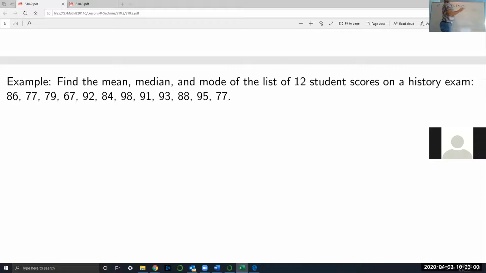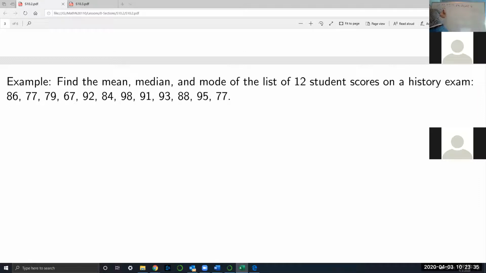And 88. And then what's after 88? 91, 92. 91.